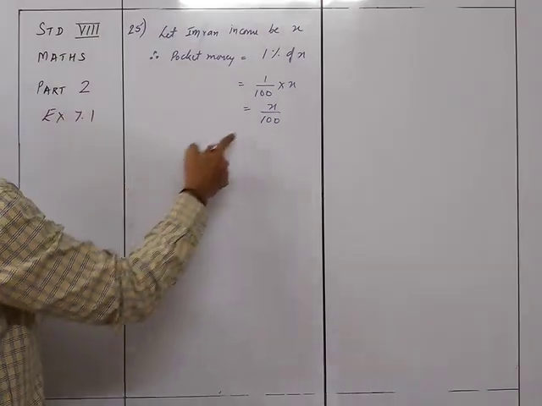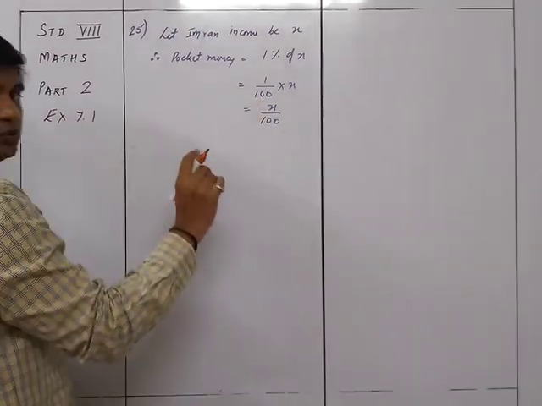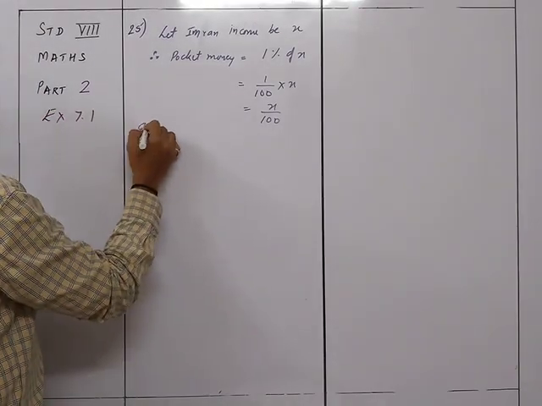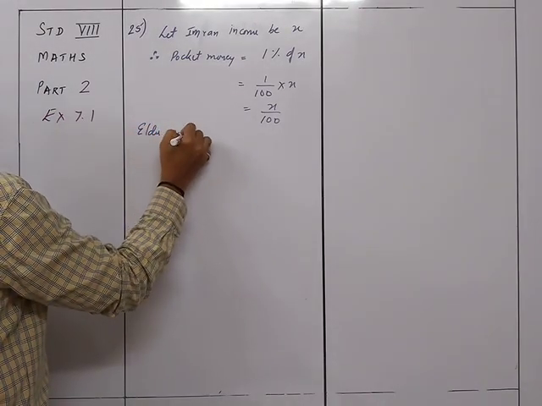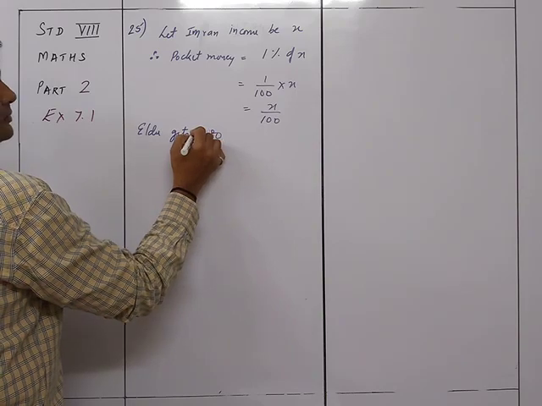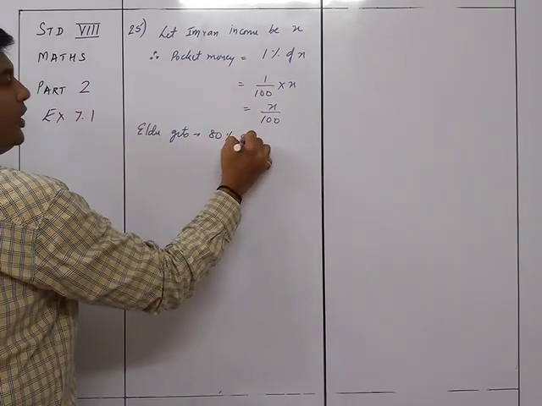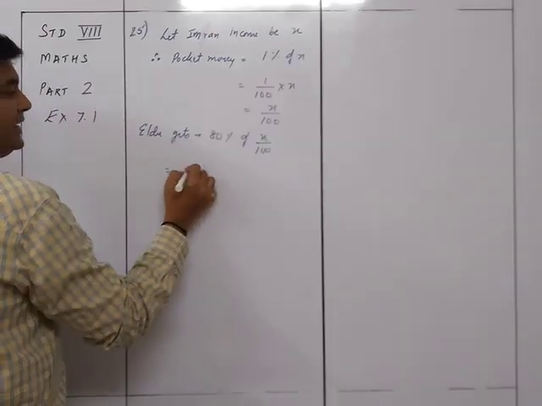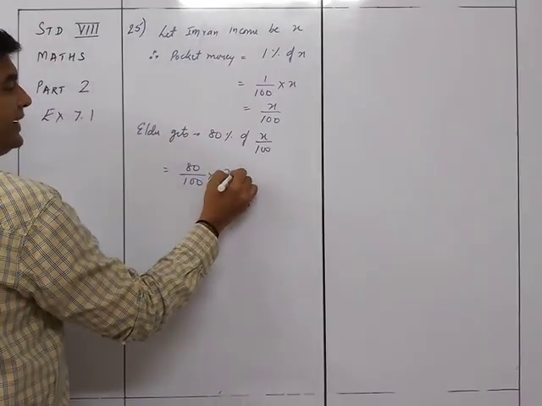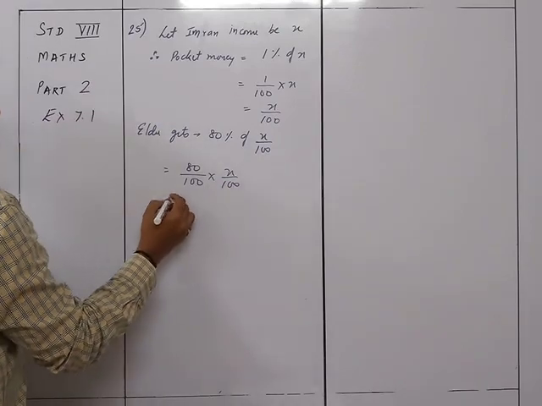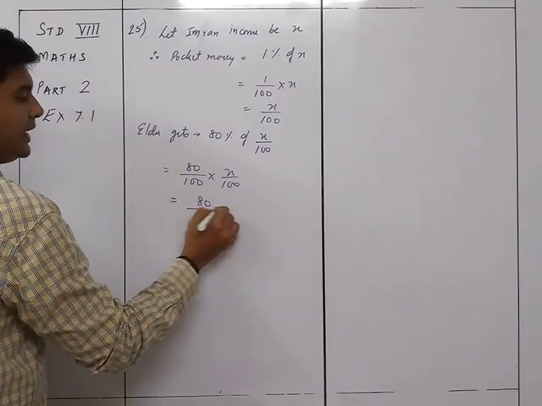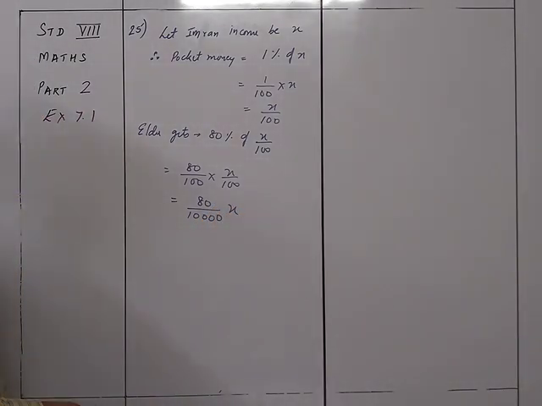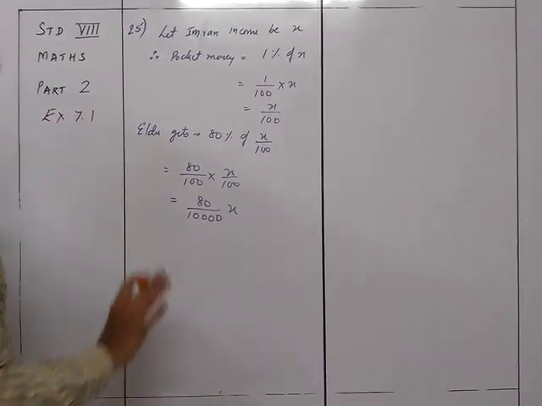Okay. So this is the total pocket money of both the kids, x upon 100. Now elder gets 80% of x upon 100. That is 80 upon 100 into x upon 100. So that will give you 80 upon 10,000 x. This is what the elder is going to get.